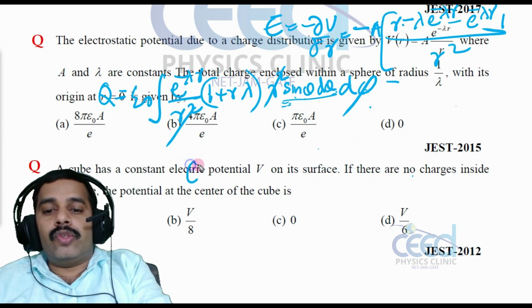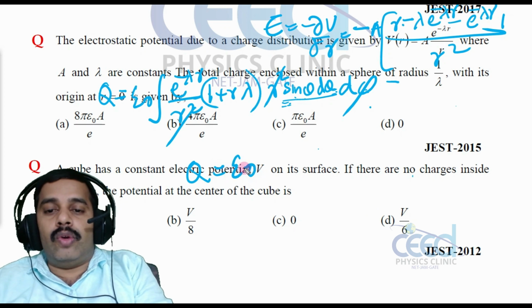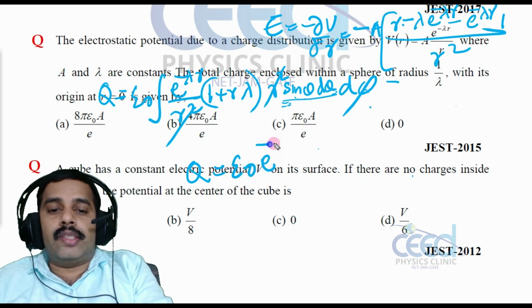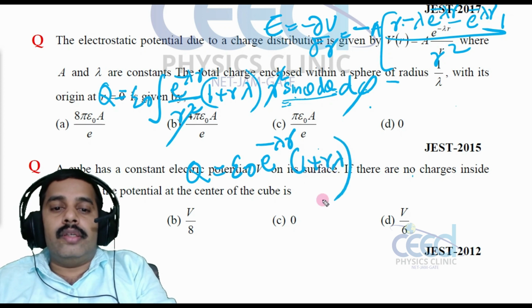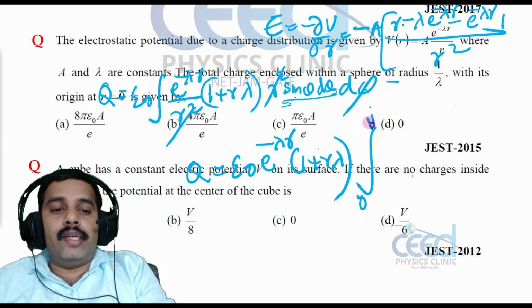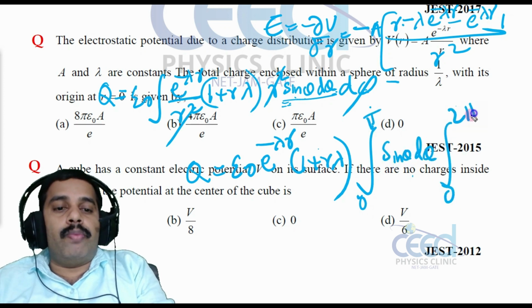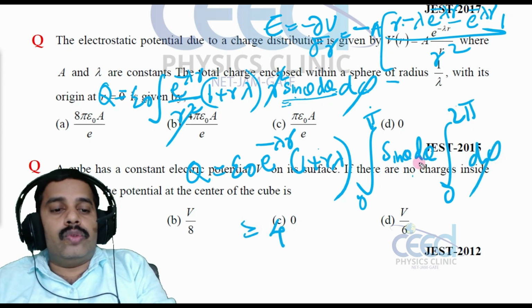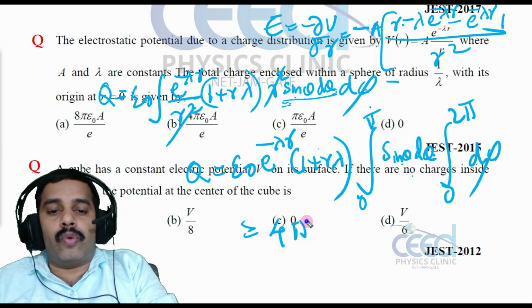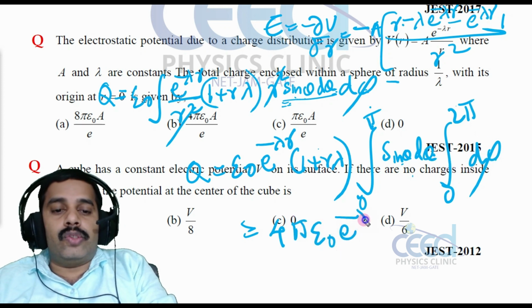Q is equal to epsilon 0 into, we can take these constant parts, 1 plus r lambda into the integral 0 to pi of sin theta d theta into the integral 0 to 2 pi of d phi. So this will be 2 and this will be 2 pi. So in total 4 pi epsilon 0 e raised to minus lambda r into 1 plus r lambda.